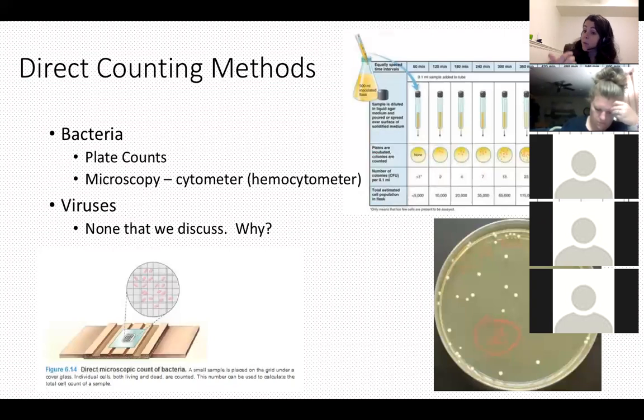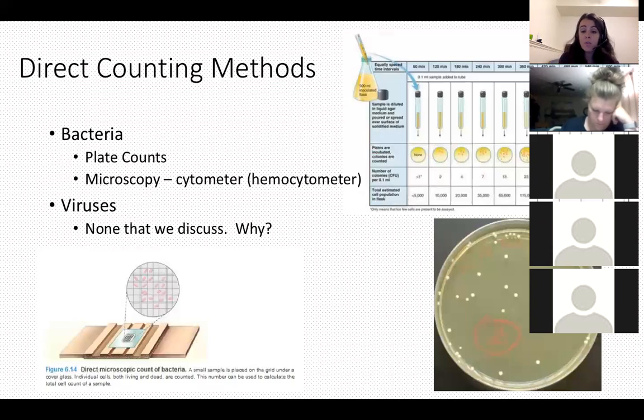And you add some liquid culture that contains bacteria onto your slide, and you pick a certain number of grids that you're going to count. And you know how much liquid those grids can hold, and so you count how many cells are on it, and then you use a little math equation, and it will tell you how many bacteria per microliter or per mil you have in your culture.